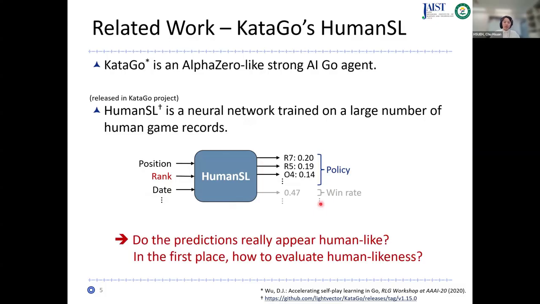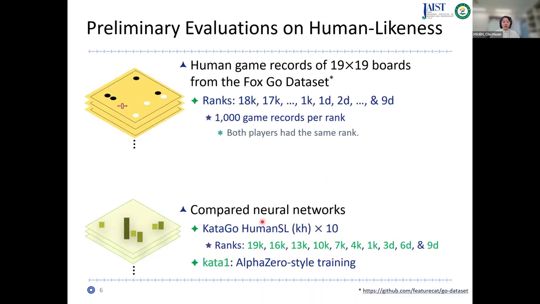We wonder whether the predictions by HumanSL really look human-like. In the first place, how should we evaluate human likeness? A common practice in supervised learning is that we collect many human games and then make our model do predictions to see whether they match.